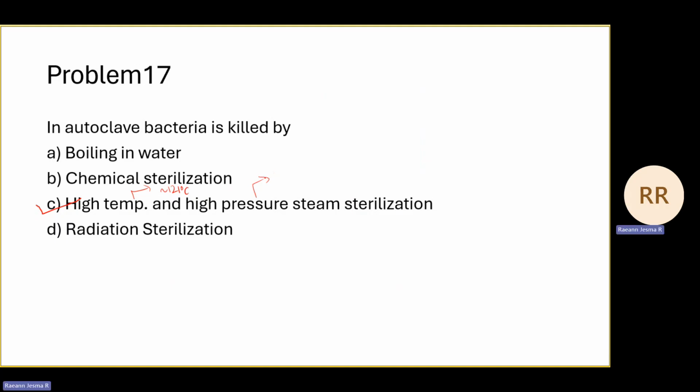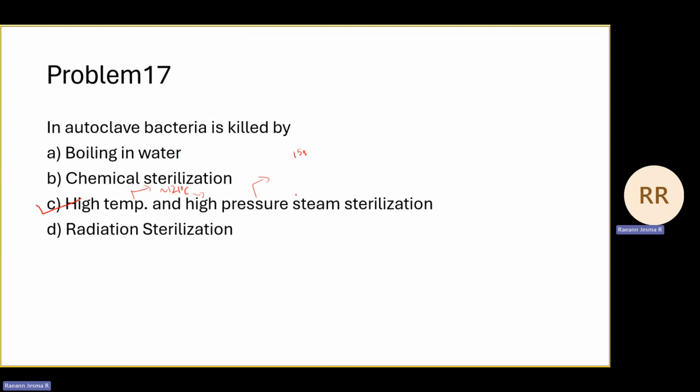So we maintain the pressure at some 15 to 20 psi above our atmospheric pressure. So the boiling point of water will also become around 121 degrees centigrade. At this particular temperature, it has been seen that the bacteria and other microorganisms will get killed.